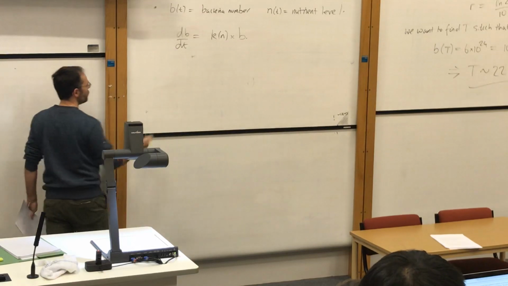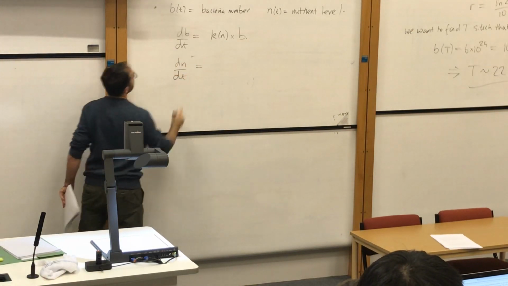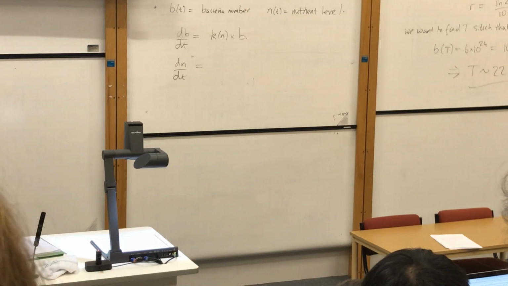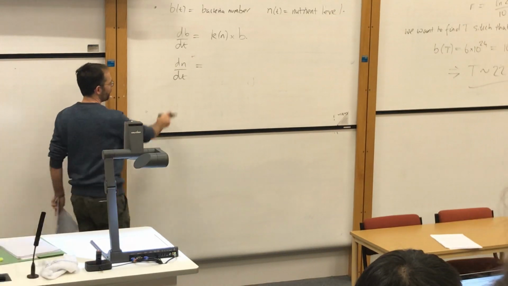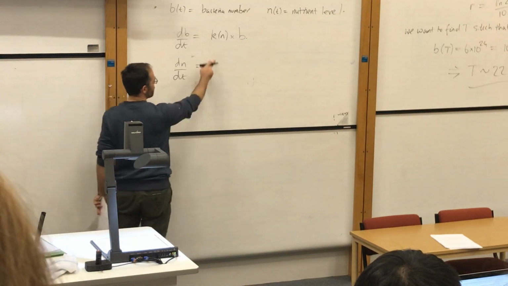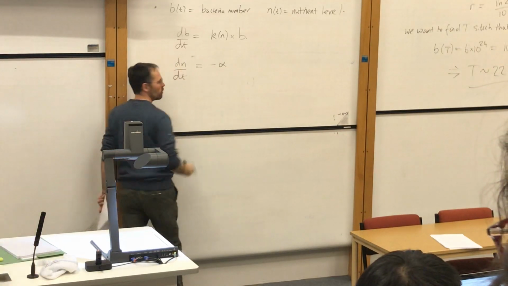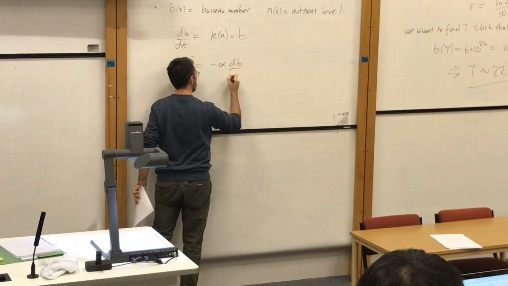And what about my nutrient? As I say, the bacteria are consuming the nutrient in order to divide. So what would make sense is that for my nutrient, dN/dt is going to be minus some constant alpha times the rate of bacteria growth.